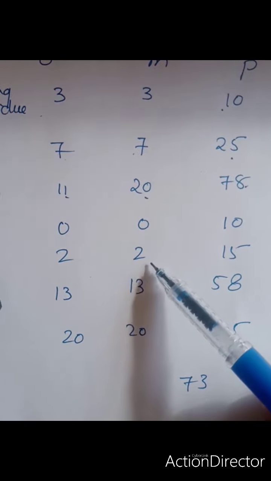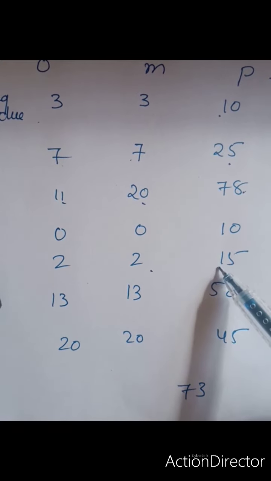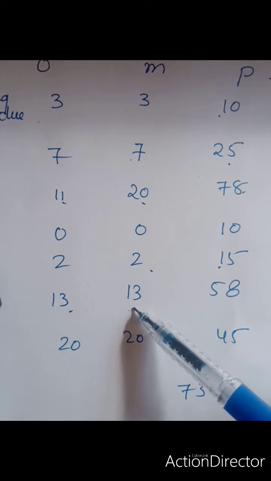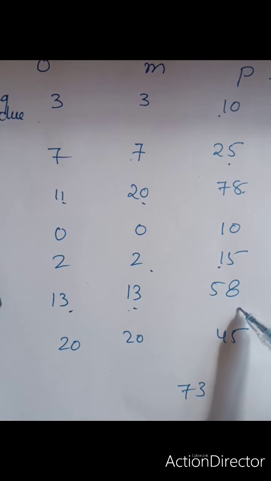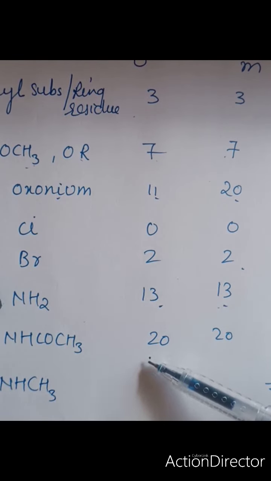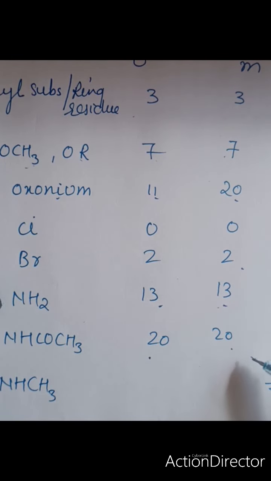For bromide, ortho and meta position it is 2, para position it is 15. For amino group, ortho and meta position it is 13 and para position it is 58. For NHCOCH3, ortho and meta position it is 20 and para position it is 45. For NHCH3 it is 73. So depending on what substituent is present and at what position, you will be writing the increments for the substituents.